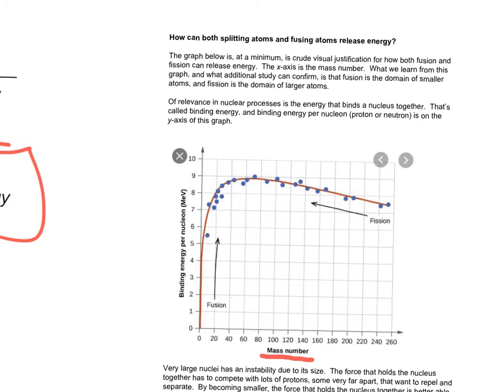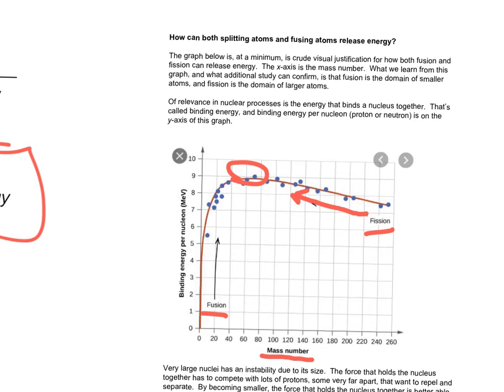What we learned from this, and with a little bit of additional study we can confirm, is that there's a part of this graph that's labeled fission, and there's a part that's labeled fusion. It's larger atoms that tend to split apart. We've talked about uranium, right? Uranium is a larger atom, and under the right conditions it is capable of being split into smaller atoms. That's the fission process: as you make smaller atoms, you're proceeding leftward on this graph towards this optimum point up here.